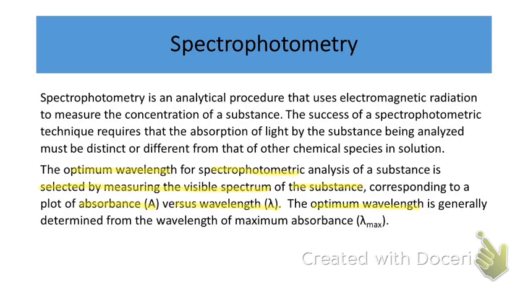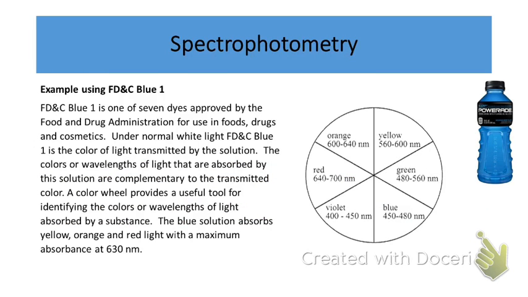The optimal wavelength is generally determined by the wavelength of maximum absorption. You may not completely understand this yet, but let's look at an example of this whole process, and maybe it'll make more sense.